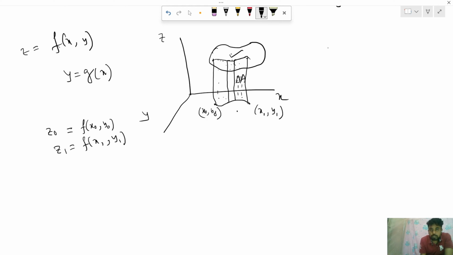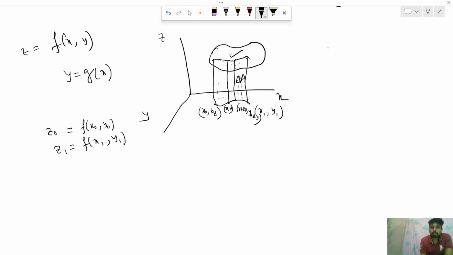And I consider this point is x comma y. I consider the smaller increment along this curve, and I consider this point is x plus delta x comma y plus delta y.